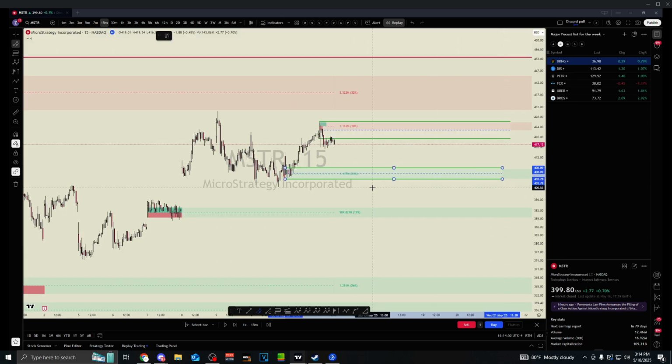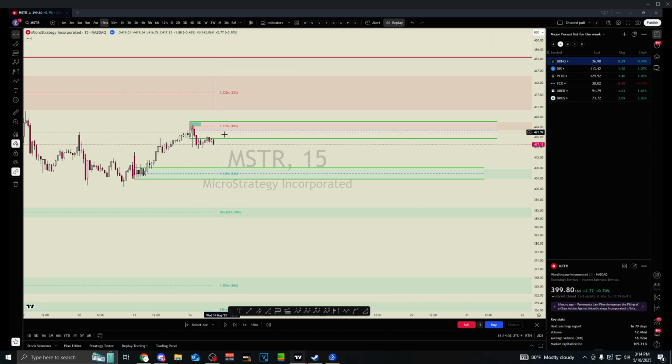Another thing, I will set the stop loss above 426, with the 419 entry, at the close of any of these ranges, right?